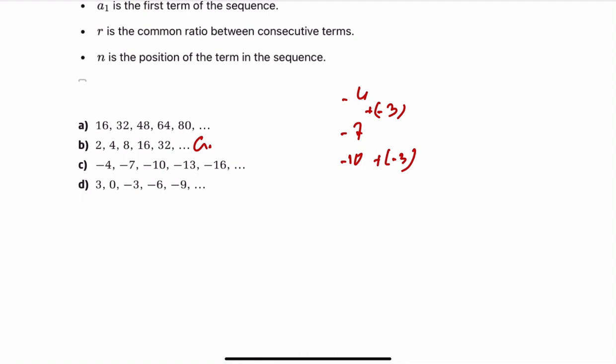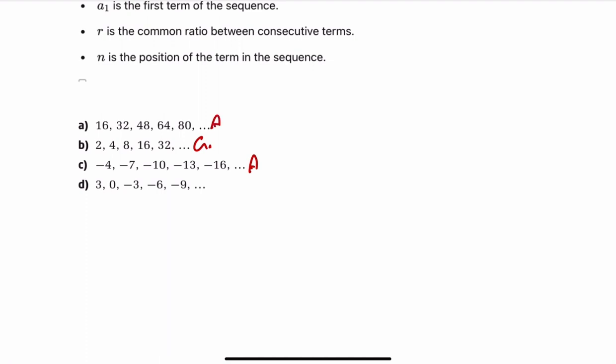If I add minus 3, it will give me minus 13. Yes, minus 13. And if I add another minus 3, minus 16. So this is an arithmetic sequence. So this one is an arithmetic sequence, the previous one is geometric.